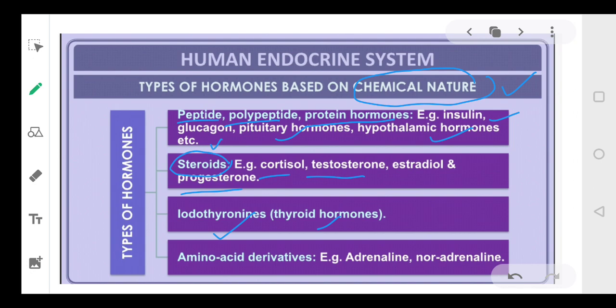And the last category that we have is amino acid derivatives, means the hormones which are derivatives made up of amino acids. So examples are adrenaline or noradrenaline, or we can call them by another name, that is epinephrine or norepinephrine. So we can have 4 different types of hormones depending upon the chemical nature or depending upon the components they are made from.